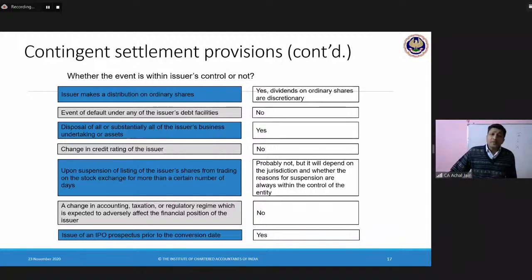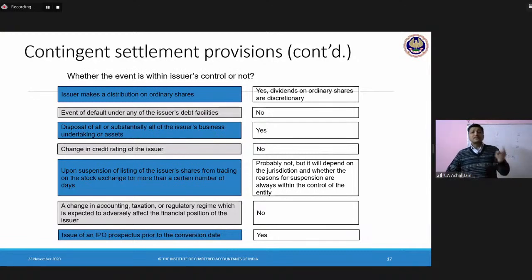Issue of an IPO. What is an IPO? Initial public offering. So let's suppose there is a company which wants to get listed. What will it do? It will come up with an IPO. This is called issue of an IPO. Can this be within the control of the issuer? Of course, yes.